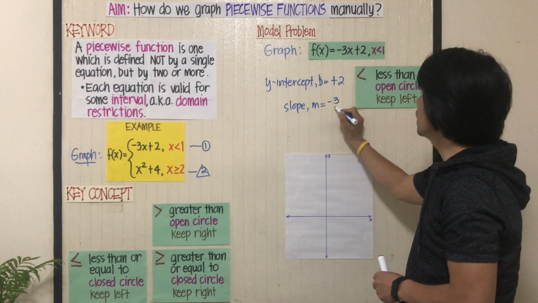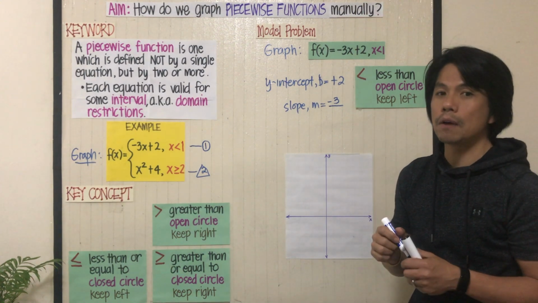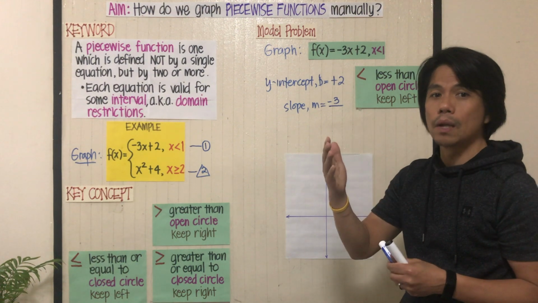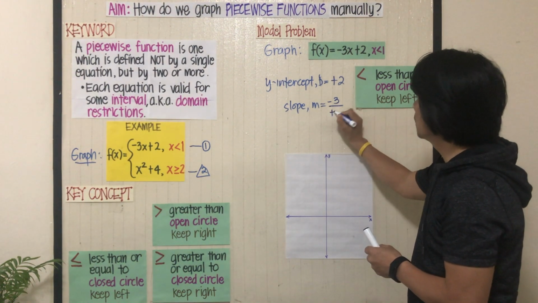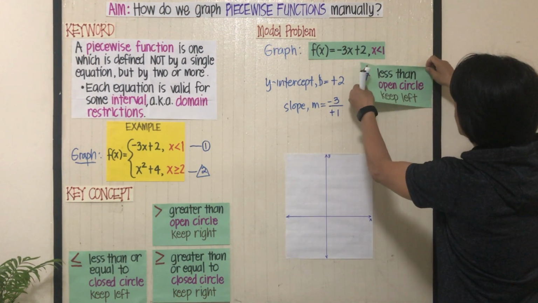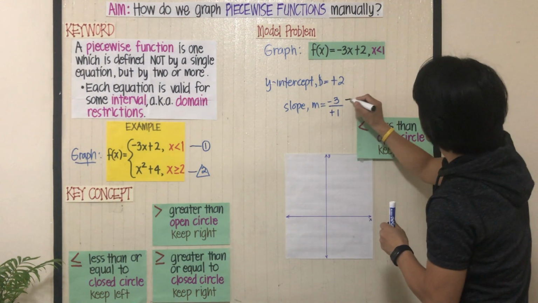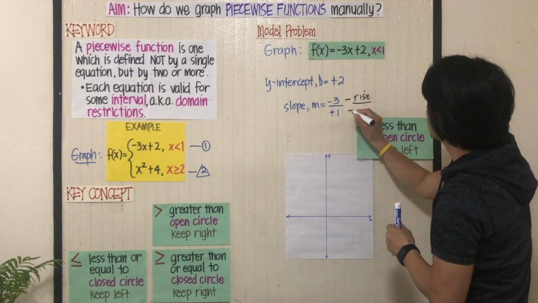But we have to write it as a fraction because, as you all know, when we graph a linear function or a line, the slope is rise over run. So it's negative 3 over positive 1. This is our rise over, that is our run.